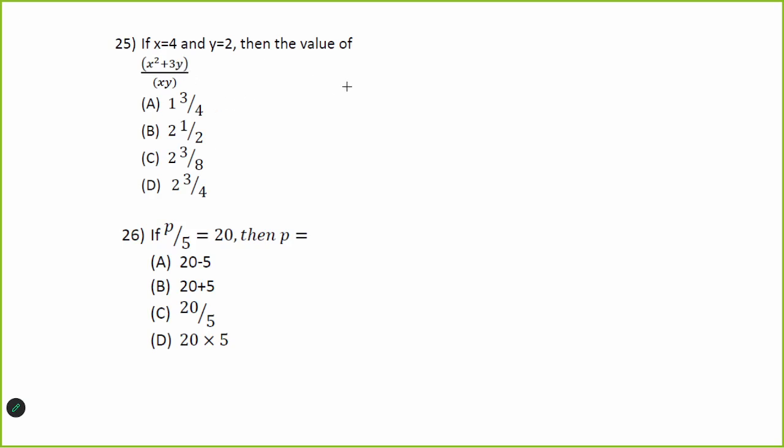It's not. 4 squared is 16. 16 plus 6 over 4 over 8. Yeah, this is a repeated question. What if I make P the subject and I carry across divide by 5, I'll turn to multiply by 5. So P would be 20 multiplied by 5, which is D. Right? And that's the end of January 2020.